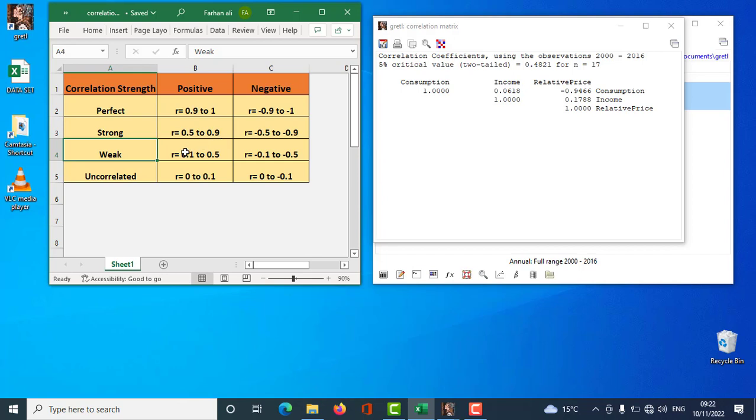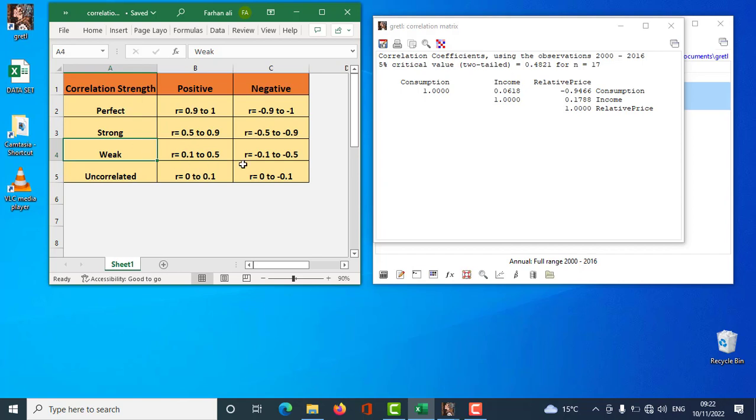If the value of R is from 0.1 to 0.5 or minus 0.1 to minus 0.5, it would represent weak correlation. Lastly, there would be no correlation if the value of R is from 0 to 0.1 or 0 to minus 0.1.